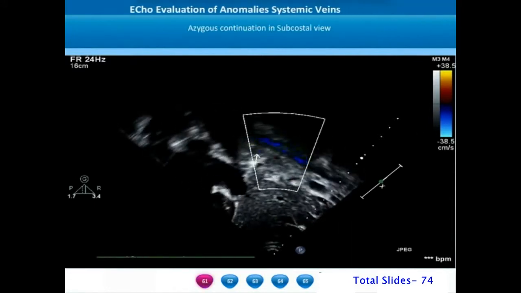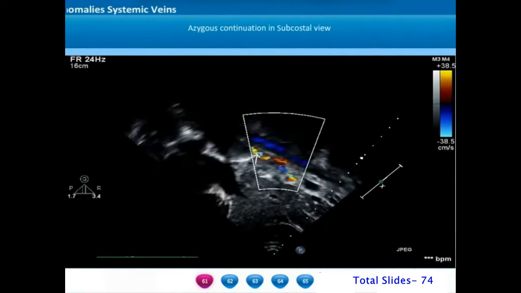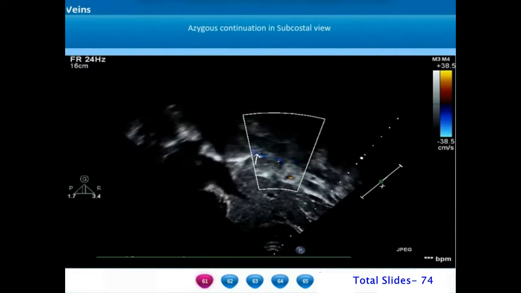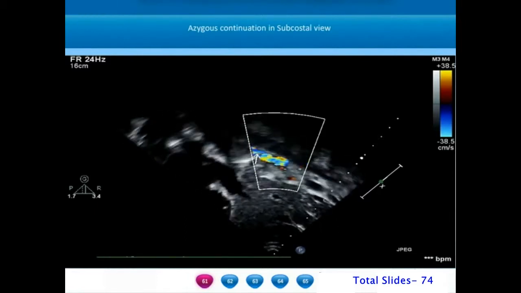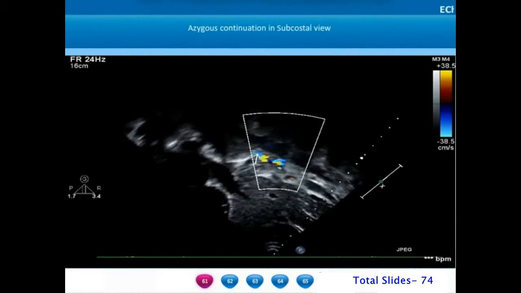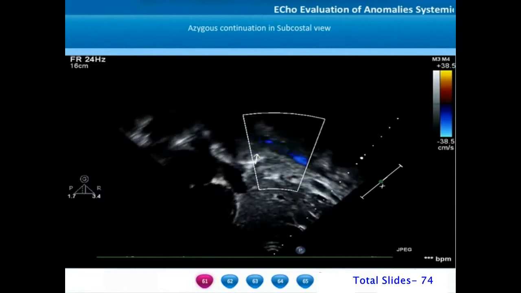On a subxiphoid sagittal plane cut, we can appreciate the longitudinal course of the azygous vein. The venous flow is blue because the flow is from below upwards towards the superior vena cava.